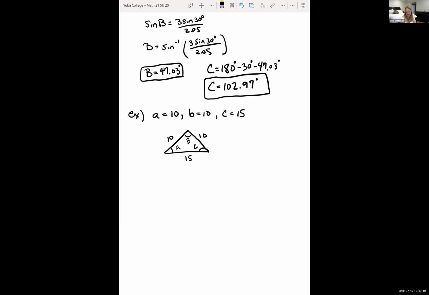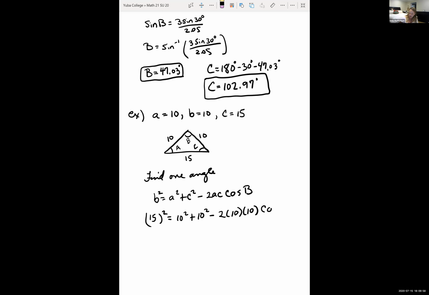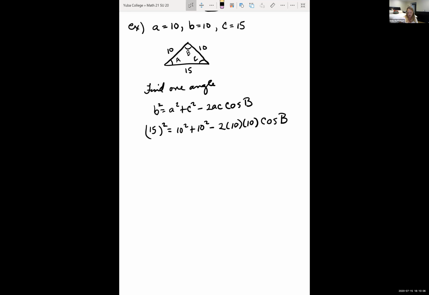How about angle B? If I was trying to find angle B, I would be using the formula B squared equals A squared plus C squared minus 2AC cosine of angle B. Plugging this in, across from B was 15, so 15 squared is equal to 10 squared plus 10 squared minus 2 times 10 times 10 cosine of angle B. So 15 squared is 225.